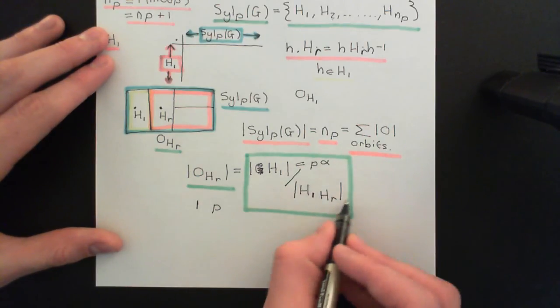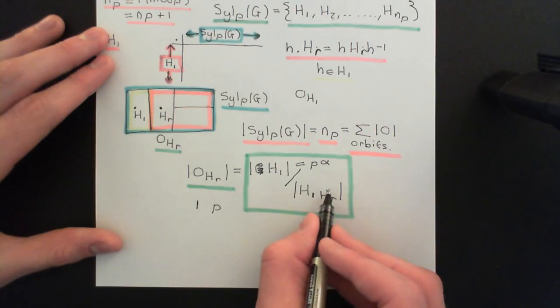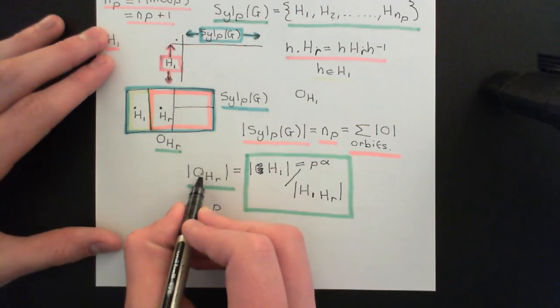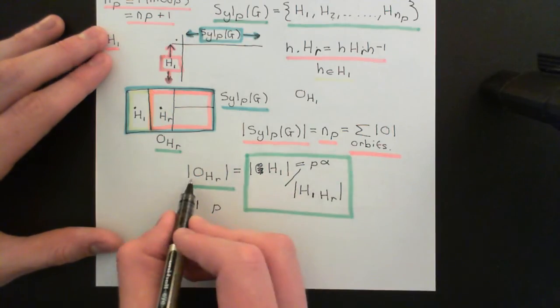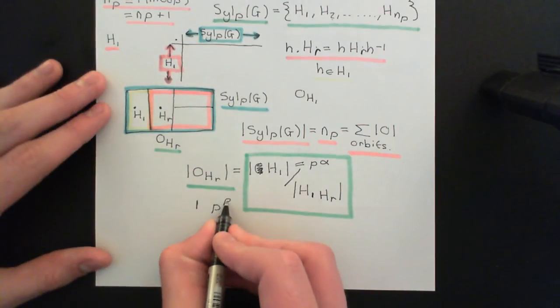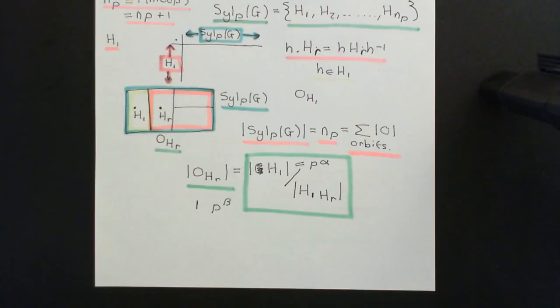Now the biggest possible situation is that this is equal to p to the power of alpha, and then it will completely cancel here and you'll end up with this equaling 1. But if this is some lower power of p, then you'll end up with this having to be a power of p. So basically there are only two options for the order of the orbit of a Sylow p subgroup, capital H_r.